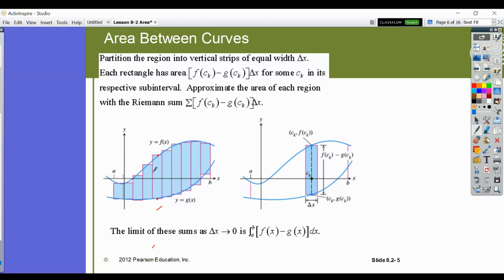So the area of each rectangle is here. We can approximate the whole area by adding all those up. So there's the sum of all those areas. Now, as we let delta x get smaller and smaller, we get a more and more accurate approximation. And so then we have the integral of f of x minus g of x times the width, which is delta x.